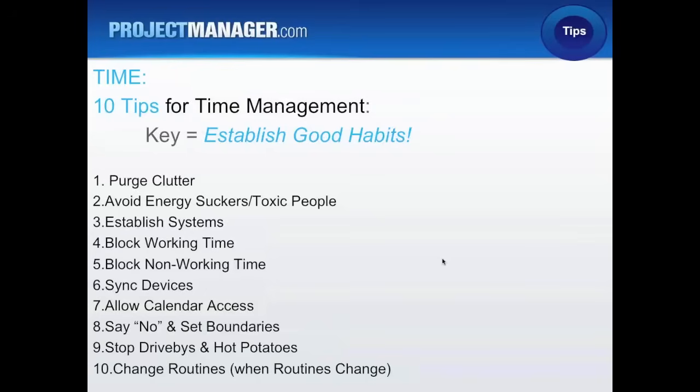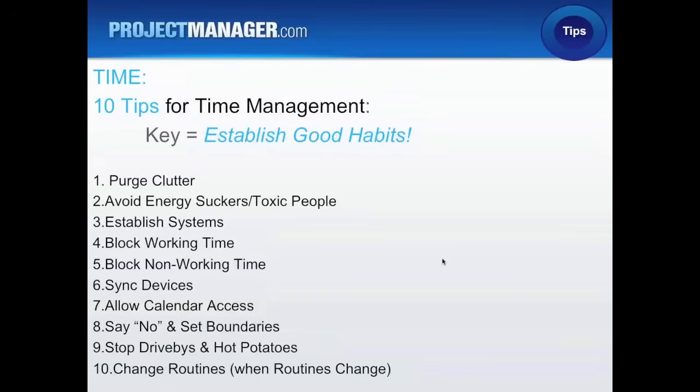As long as I'm looking at something, whether it's physical clutter on my desk or in my email or something on my project plan, then I have to take time out of my day to make decisions and then to reevaluate, is that something I need to do? So just purge clutter.